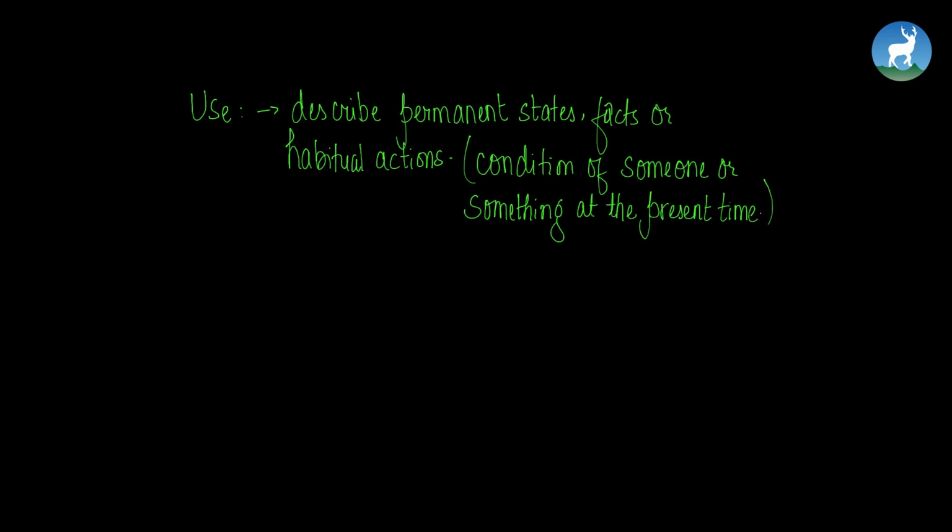And what was the next thing we learned? We learned that in simple present tense, for the state of being, we use the verbs to be, that is, am, is, and are. So these are the three verbs we use to express the present simple tense for the state of being.